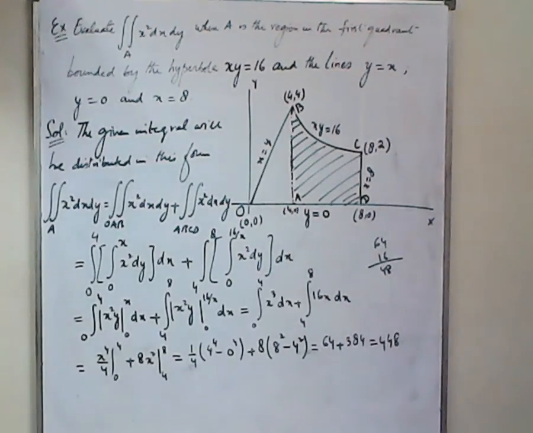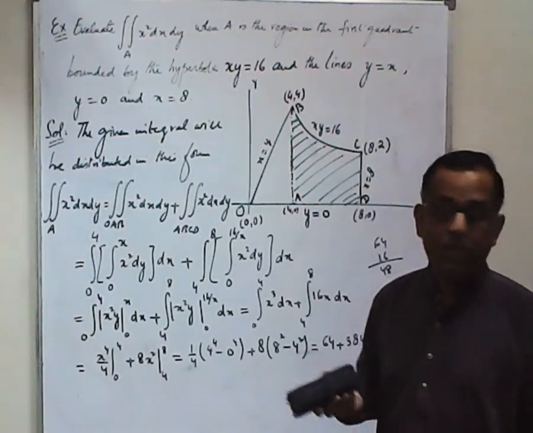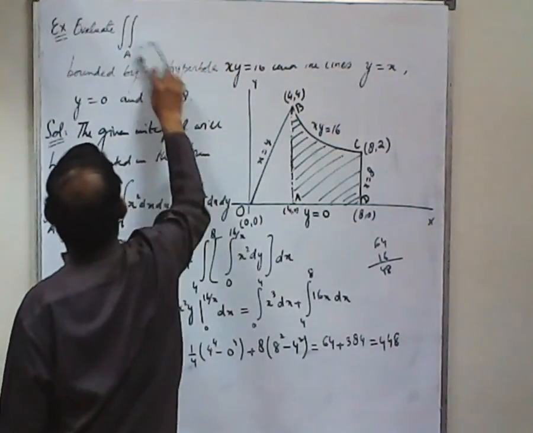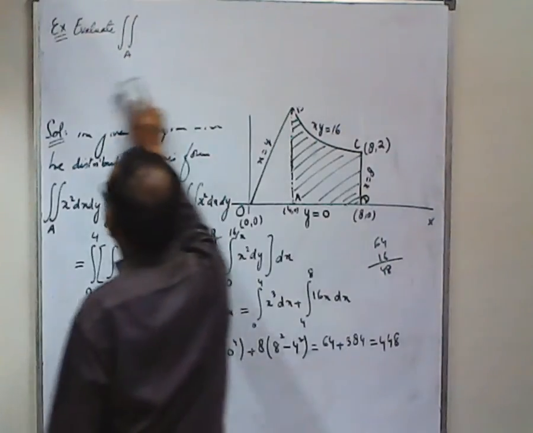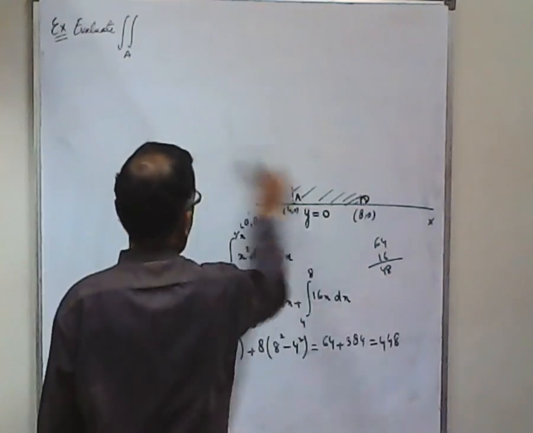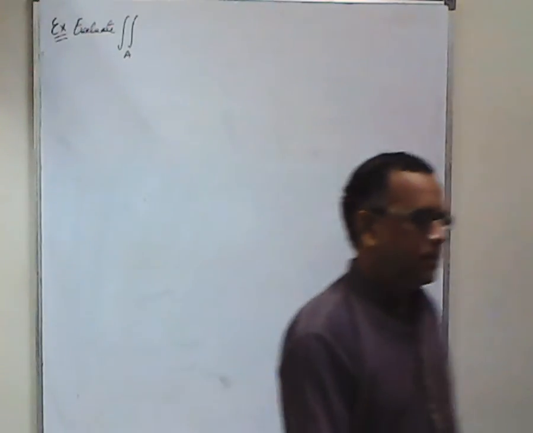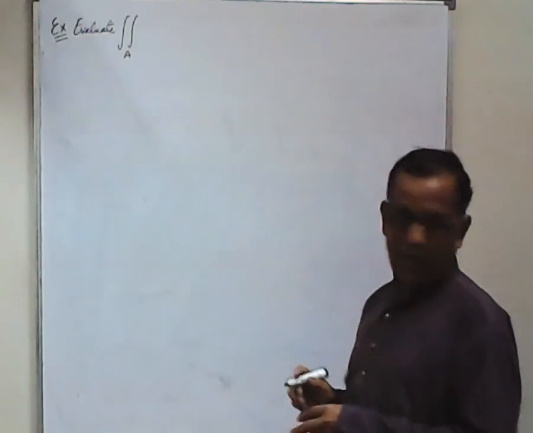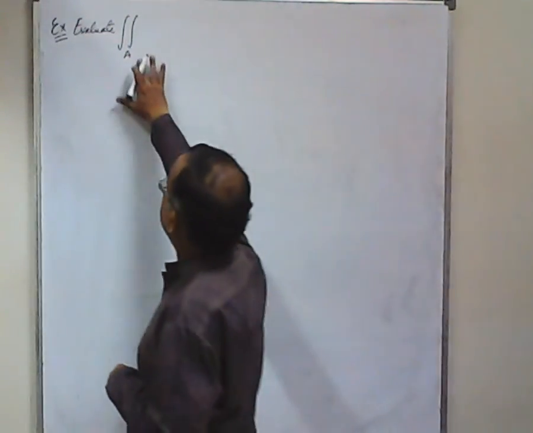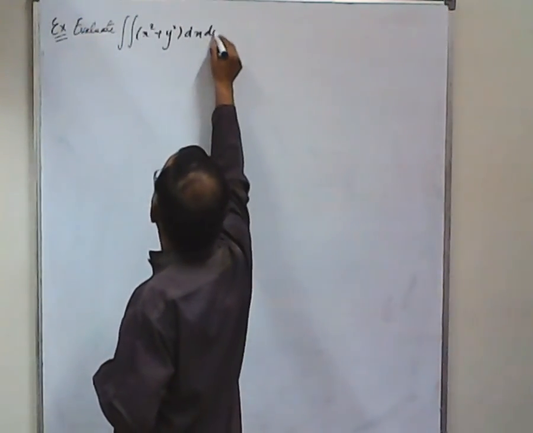So now I am writing another example to establish the same idea. Now I am evaluating this double integral of x squared plus y squared dx dy.